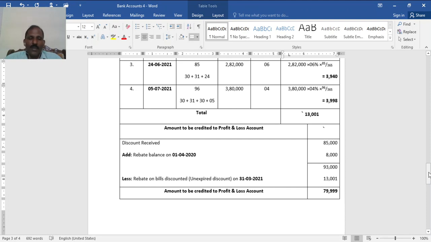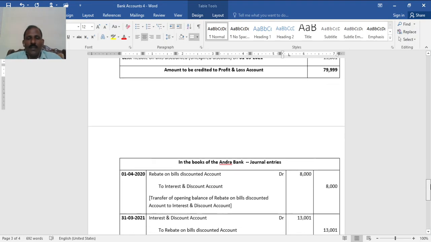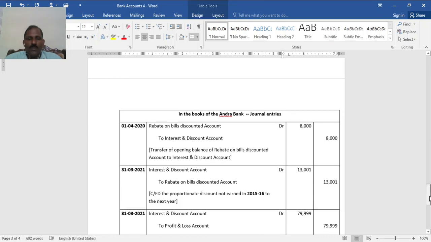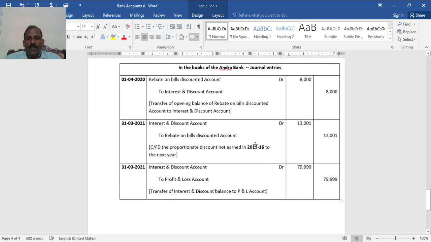Now the amount to be calculated, either by journal entry or a statement. Discount received 85,000 given, opening rebate to be added, closing rebate has to be deducted. Then journal entries: opening rebate to interest and discount, add; then to deduct, interest and discount to rebate, that's closing.